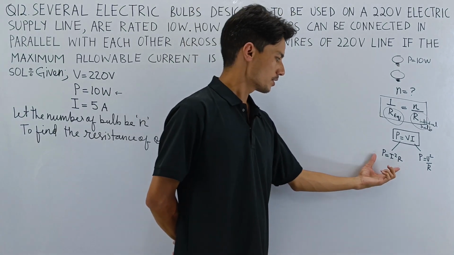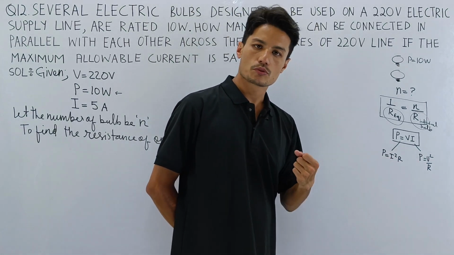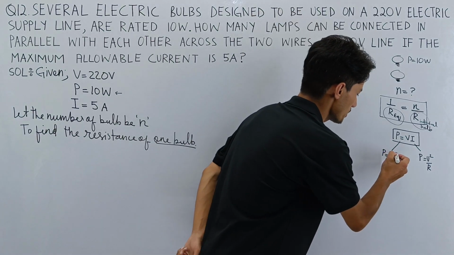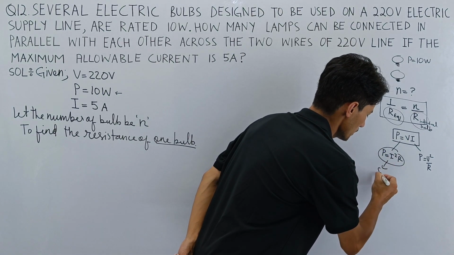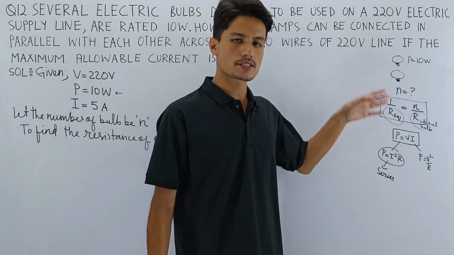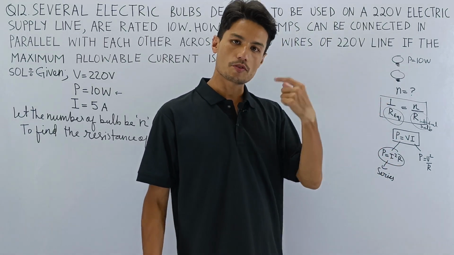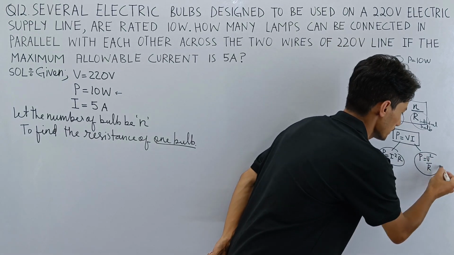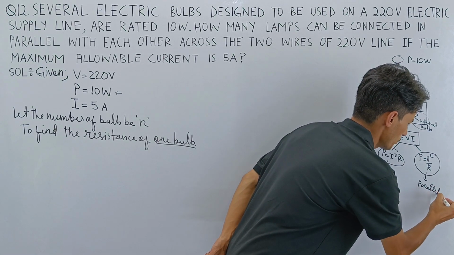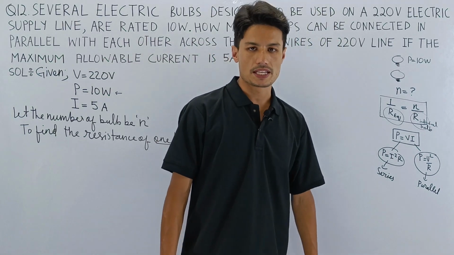To decide, remember this: I square R is used if the combination is in series, as already discussed when we covered the types of combination in the video classes. So V square by R is used in parallel combination.